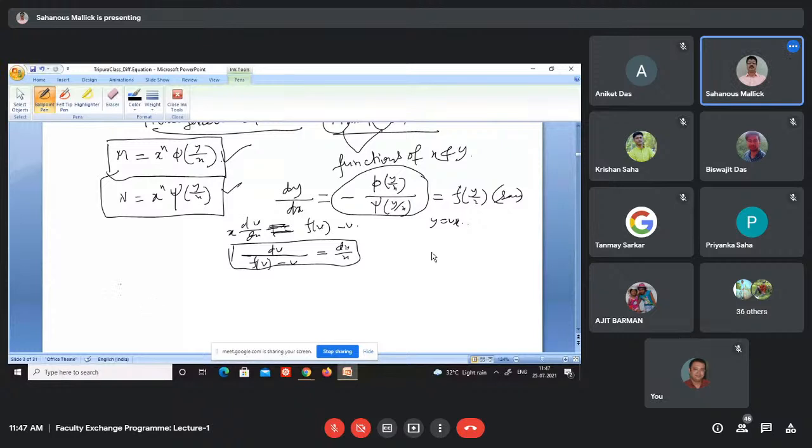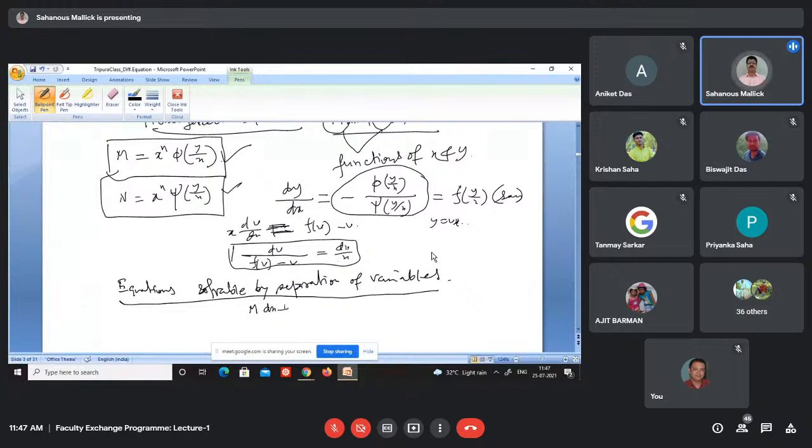Equations solvable by separation of variables. Here our first equation is M dx plus N dy equal to 0.